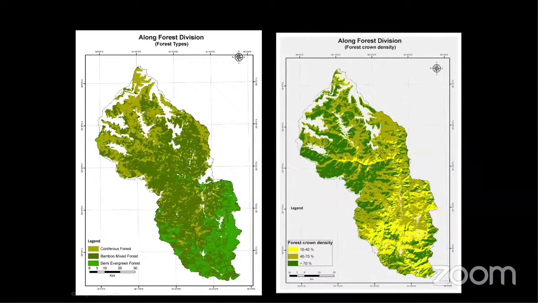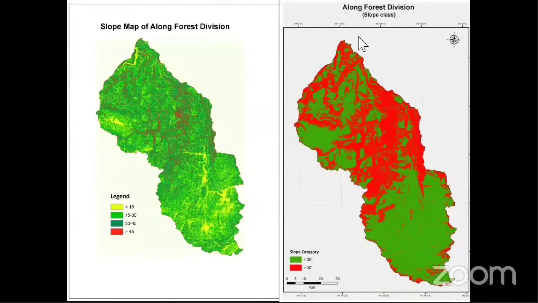Then we have slope maps. Slope is very important because the forest departments now need to estimate the growing stock available below 30-degree slope and above 30-degree slope, because nowadays they need to conserve the trees growing in those areas.